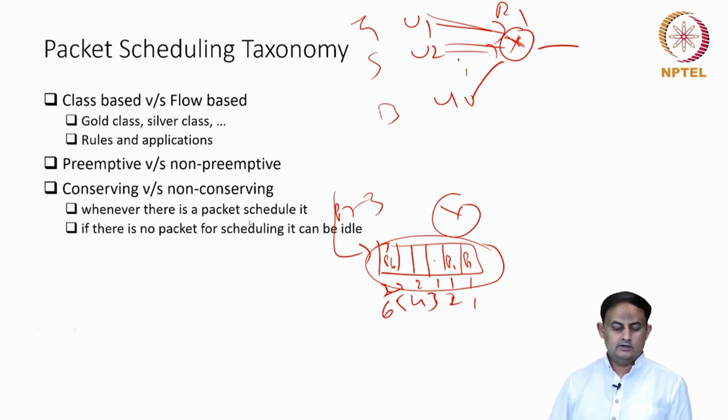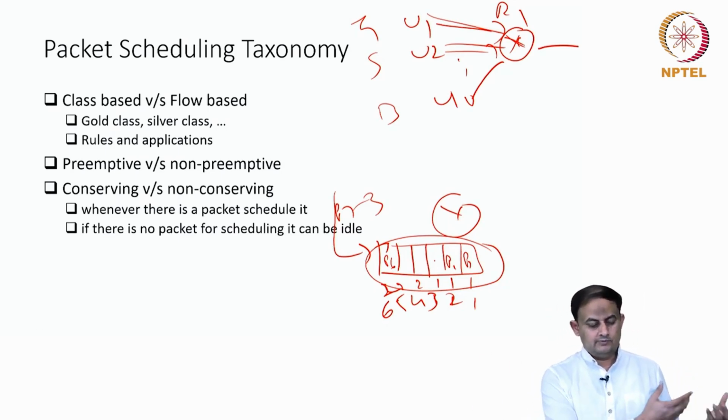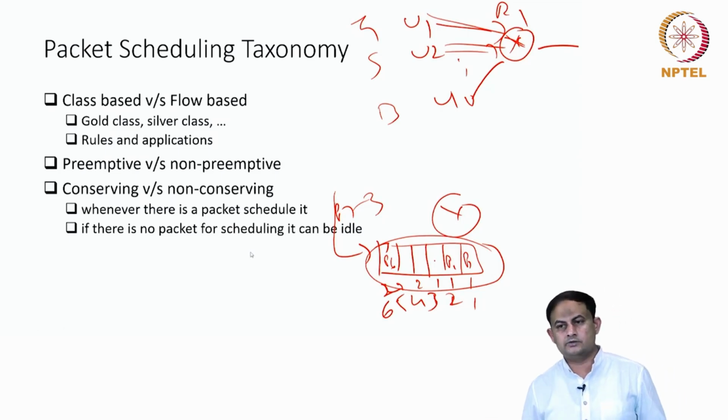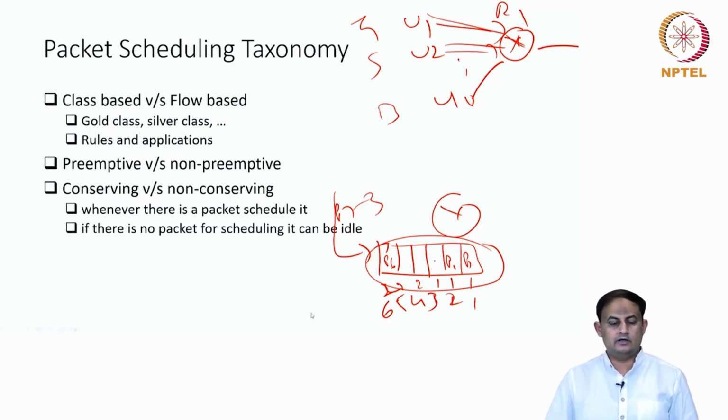That is the difference. If there is capacity, you may transmit at a certain point of time, or you might also decide to keep the link idle.